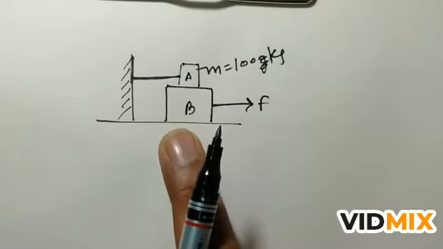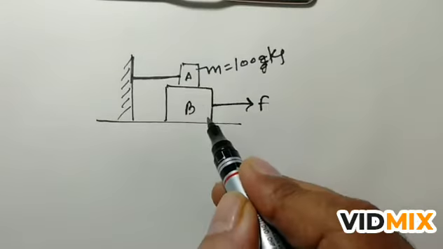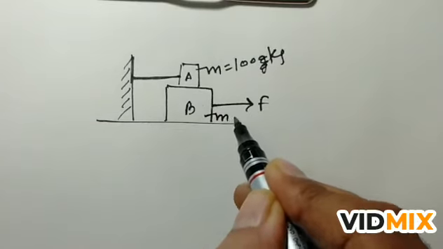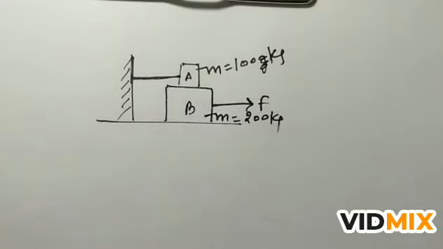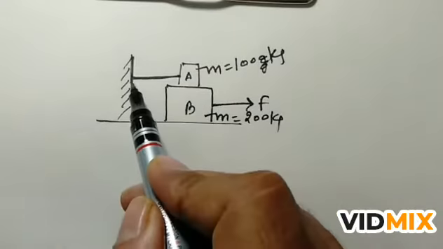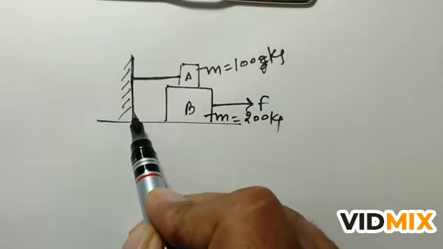It is resting on the other block, and the mass of this block is 200 kilogram. In this figure it is shown that block A is tied with the wall.